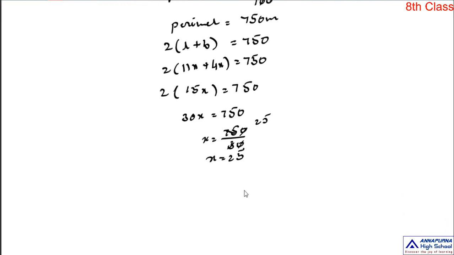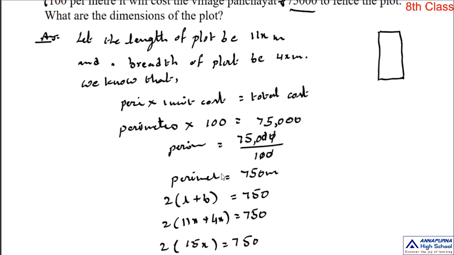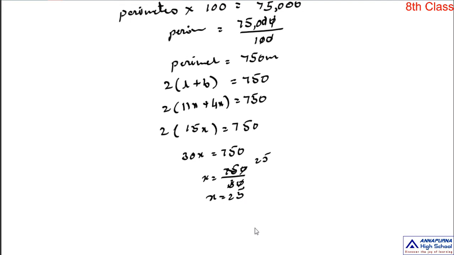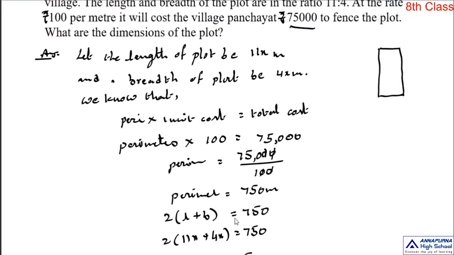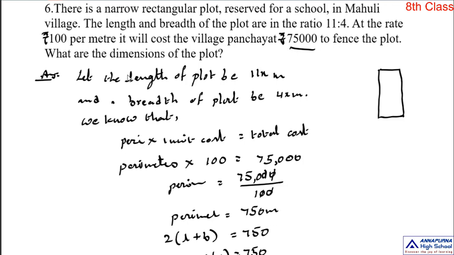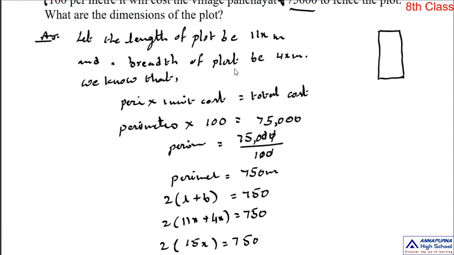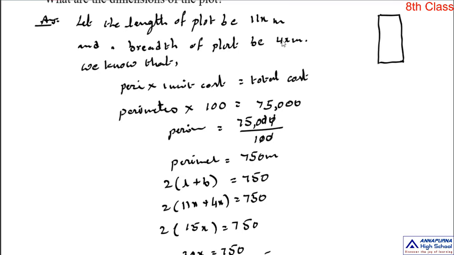So here x represents which quantity? It does not represent any quantity. The x is a variable, that's enough, and the variable value is 25. From this variable value we find the required dimensions of the flat. Hence, length is equal to 11x meters, as we took at the beginning of the question.